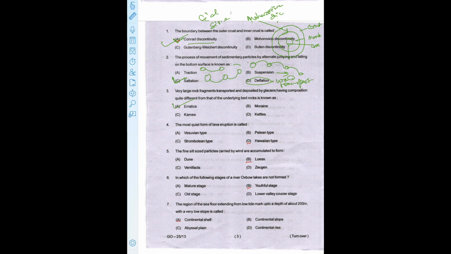Now let us come to question number 3. Very large rock fragments transported and deposited by glaciers having composition quite different from that of the underlying bedrock is known as. It will be erratics, because we know that glaciers transport the rock fragments at their bottom, and these are deposited either in the form of moraines or in craters or in camps.